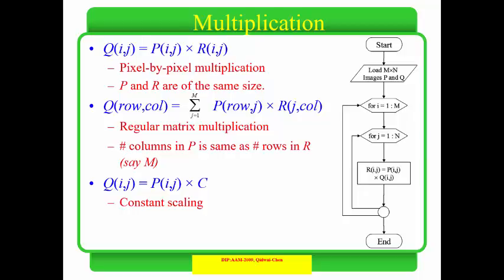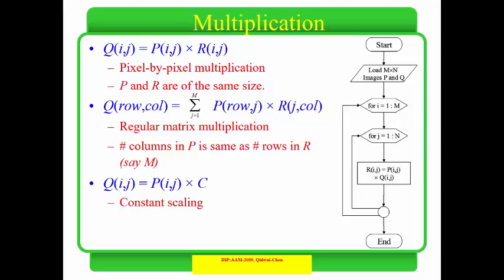So the element in the first row, first column will be multiplied with the element in the first row, first column. The element in the first row, second column will be multiplied by the element in the first row, second column.